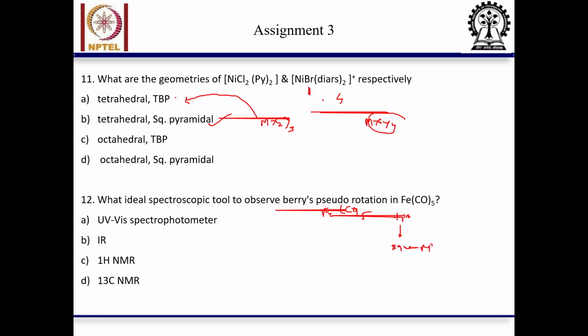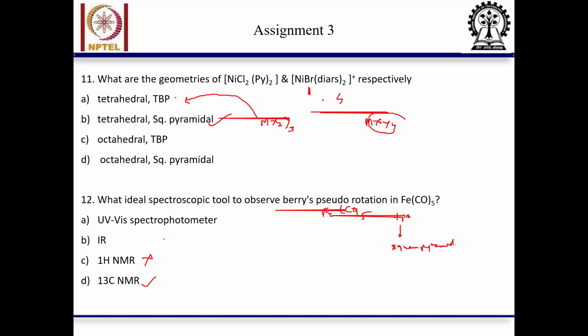So we have to find out how it is going from TBP to square pyramidal. Now, what is the spectroscopy to determine whether it is in TBP or square pyramidal? Right? So the best way to measure that is 13C NMR, right? So proton NMR we can't because there is no proton.